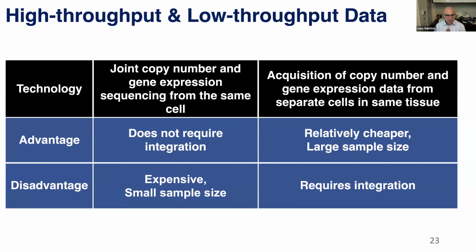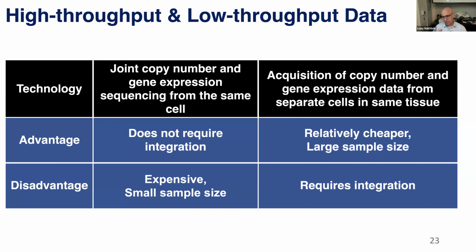If you are able to do that, we don't need to run this method. There's nothing to integrate, because you know which cells have the DNA and RNA. The mapping, in a sense, is given to you.